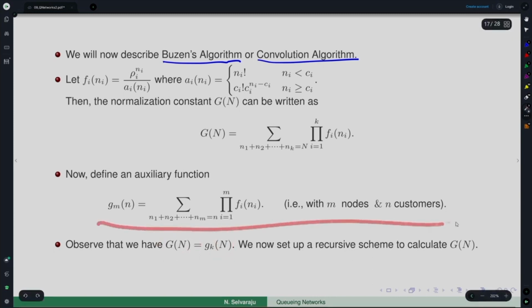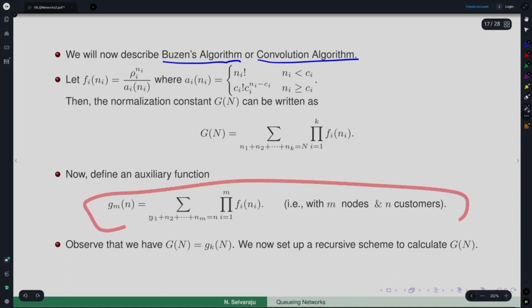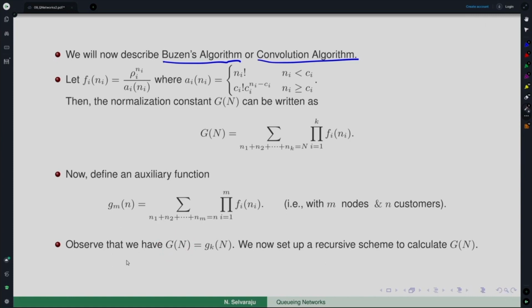So, I am defining this auxiliary function, and for particular values of m and n, that is k and N, I get what I wanted to compute, which is the normalization constant.